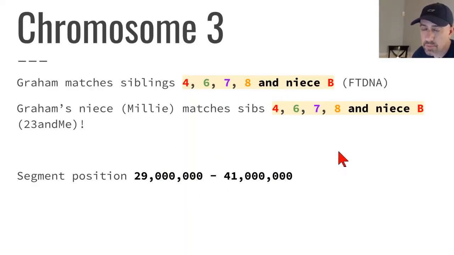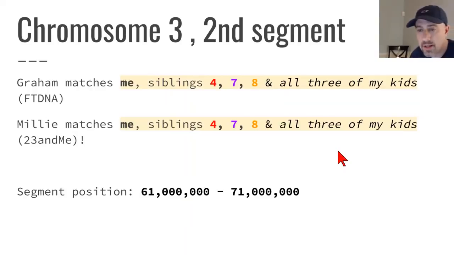Moving on, we find that Graham matches me and sibling 4, sibling 7, sibling 8, and all three of my kids, according to Family Tree DNA, in this position on chromosome 3. So a little further down the chromosome, between 61 million and 71 million approximately, Graham matches this subset of my family.